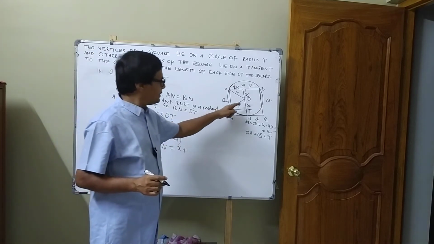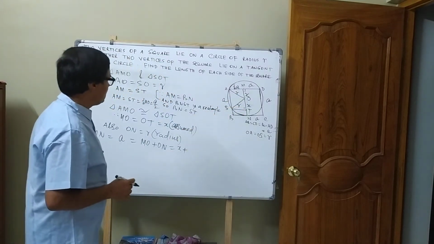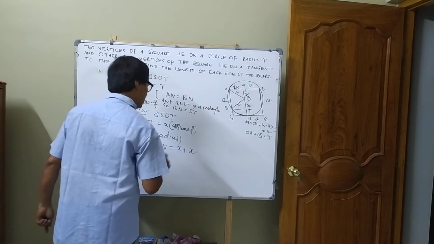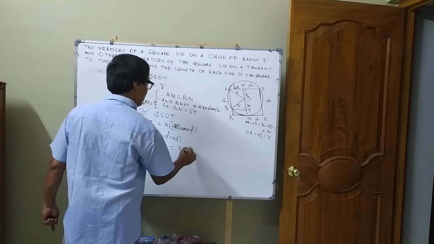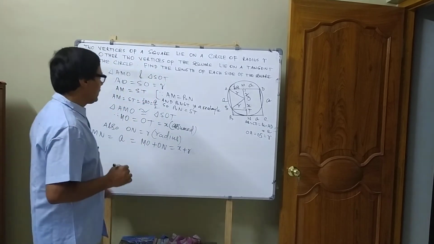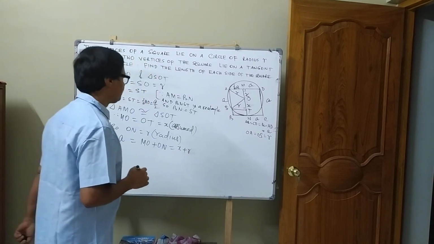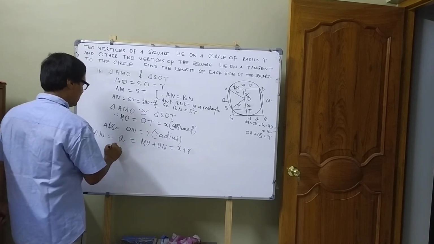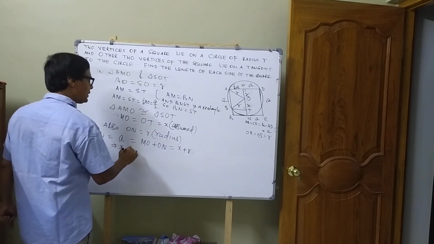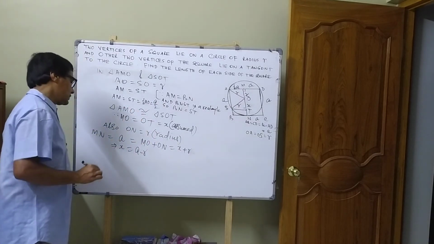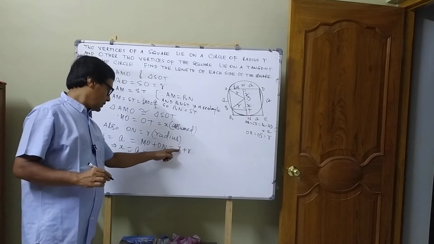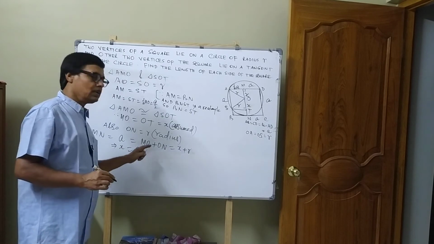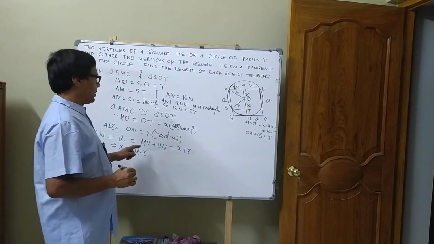MO is assumed as X and ON is the radius of the same circle, so ON equal to R. So A equal to X plus R. Now this implies X equal to A minus R.